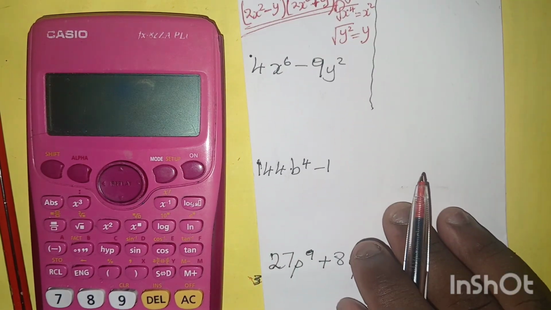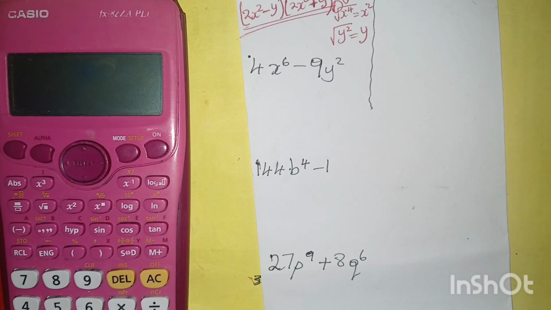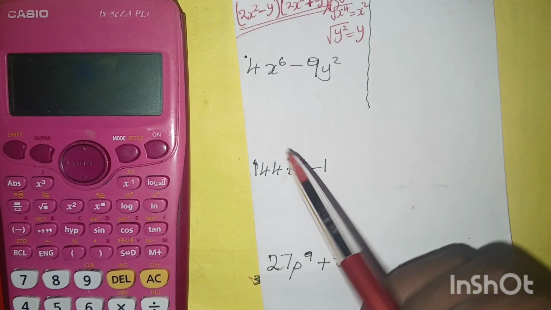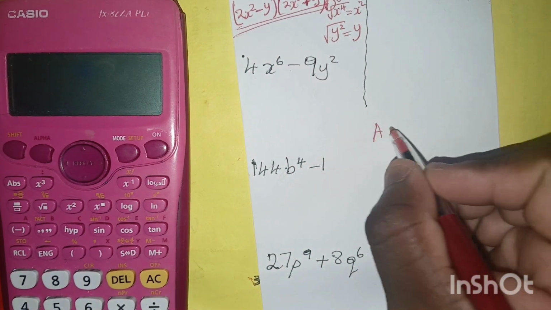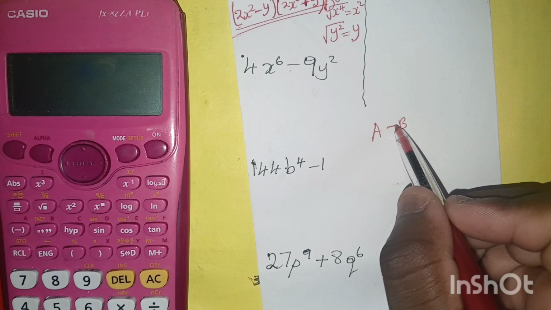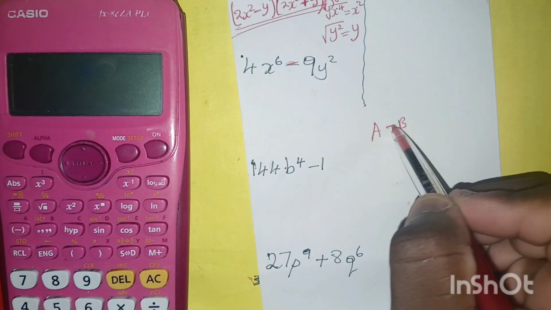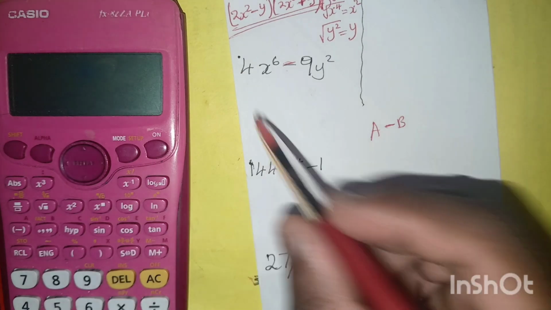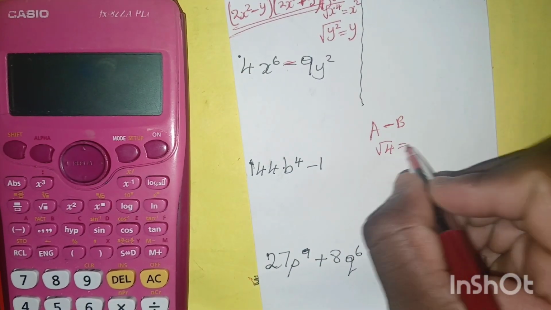So now, here's another question. Even this one, you can stop the video and try to do it. But for this one, you can see that this thing is in this format. It got minus. And now, we are able to take the square root of 4, which is 2.